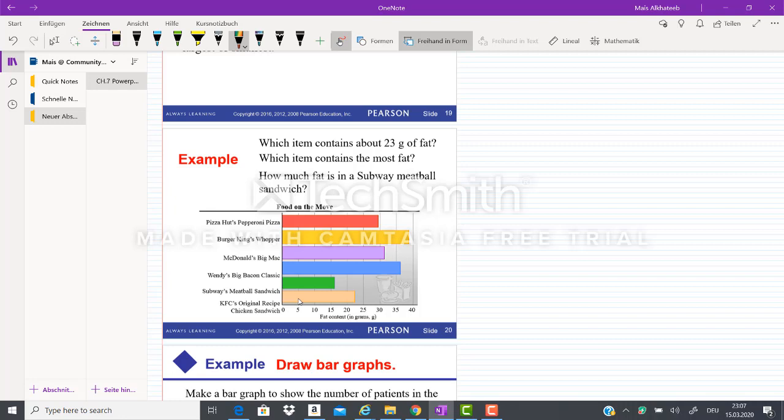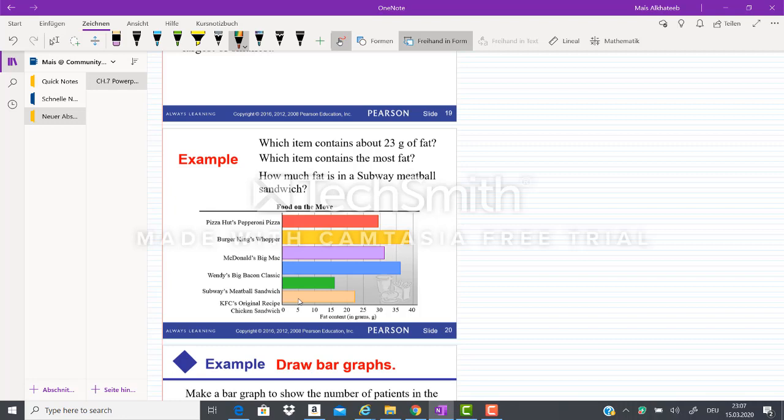I take at first KFC, Subway, Big Bacon Classic, McDonald's, Burger King, and Pizza Hut, and study the fat of the sandwich in each one.